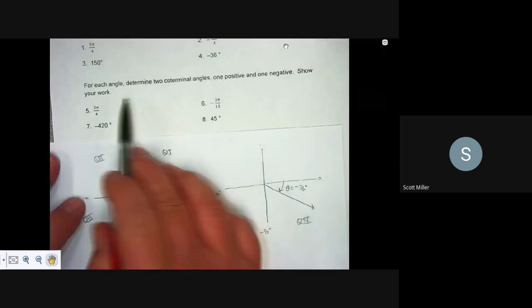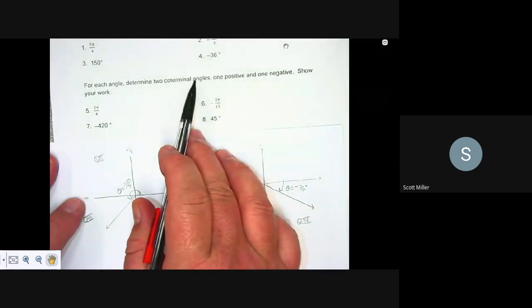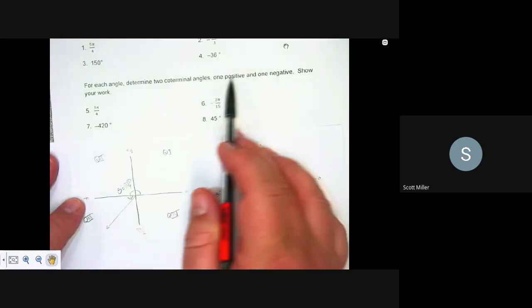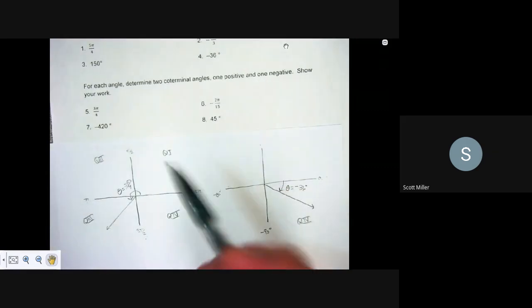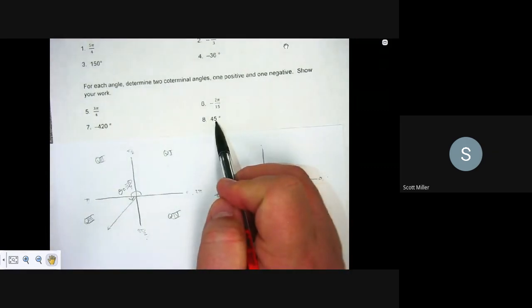Let's drop down to the next part right here, where I'm asking you to determine coterminal angles. I want one to be positive, and I want one to be negative. So there's an infinite number. For 45 degrees right here, there's an infinite number of coterminal angles. You've got positive angles, you've got negative angles, an infinite number all the way around.